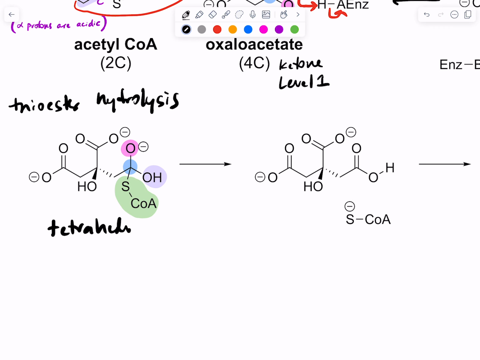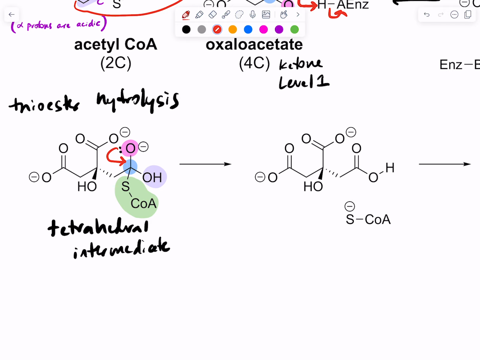This is a tetrahedral intermediate, and we can decide what happens next, even if we didn't know where we were supposed to go here, simply by asking which is the better leaving group, OH minus or RS minus. To do that, you can look up pKa's of conjugate acids, but it's the thiol SR minus that's the better leaving group.